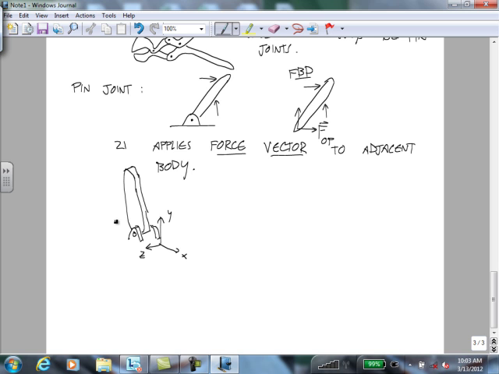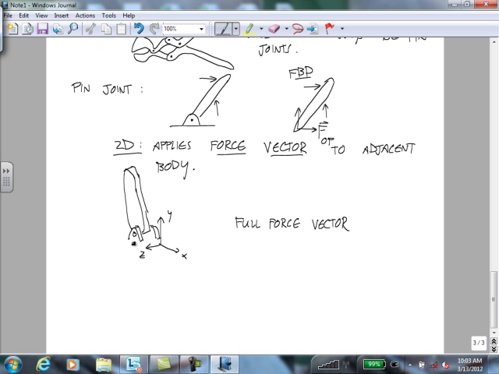So this is in 2D, which is what we're pretty much always going to do. But in 3D, what is this pin joint? Most of the time, like the way I have it drawn, it doesn't let it move in any linear direction, although depending on the type of pin, it could let it slide along the axis.